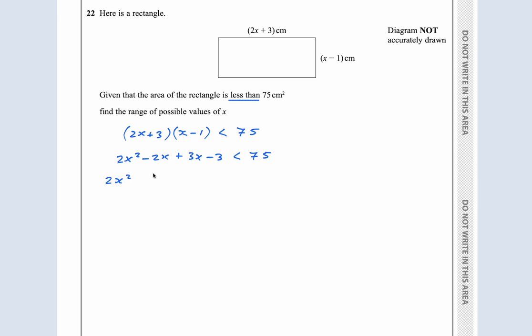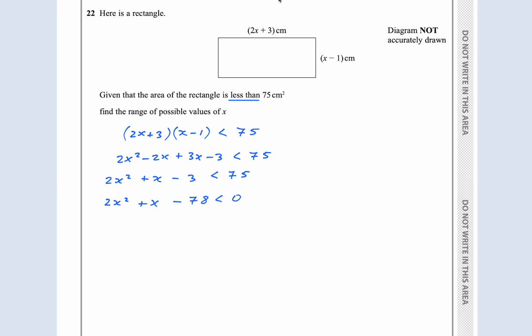Simplify this, 2x squared plus x minus 3 is less than 75, and then I'm going to subtract the 75, means minus 78 is less than 0.